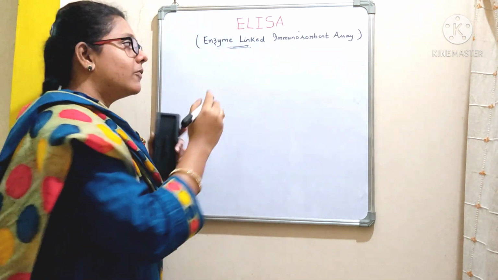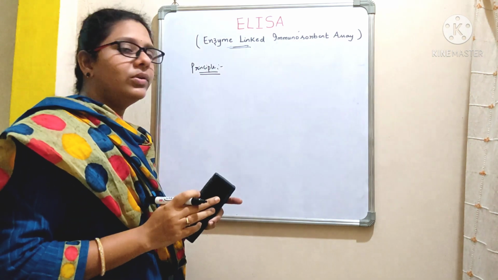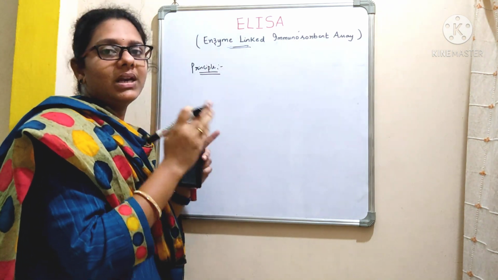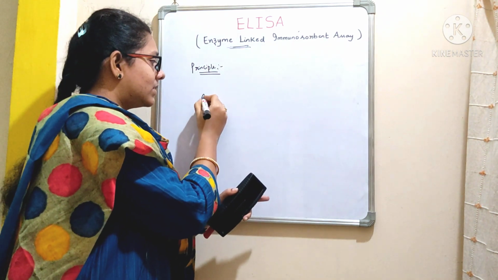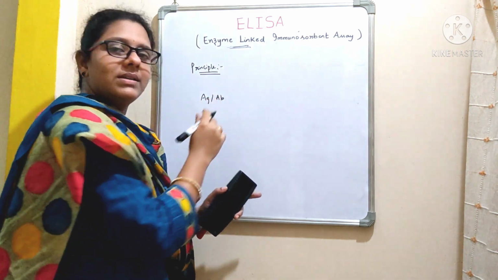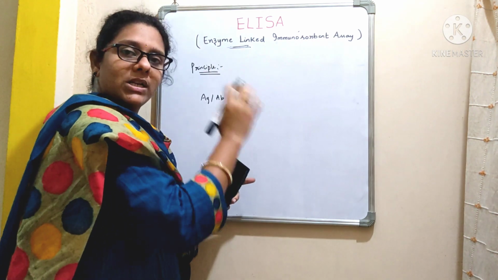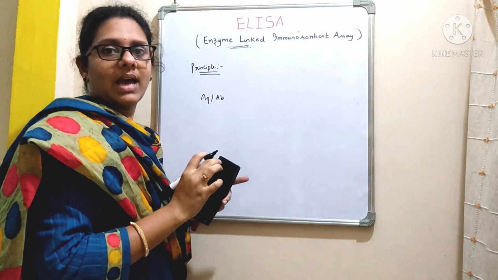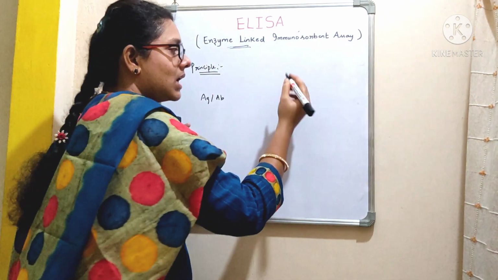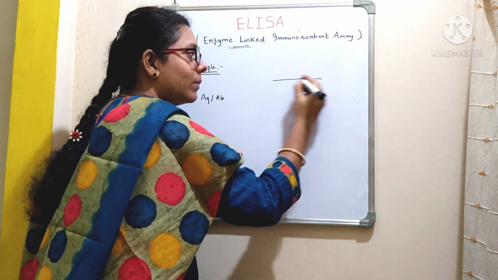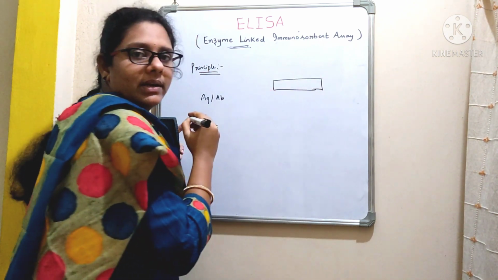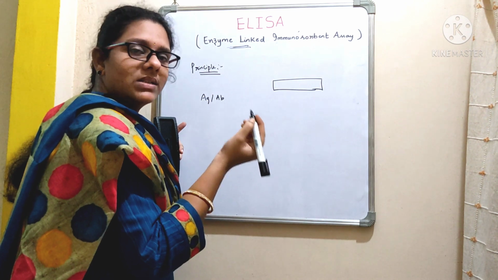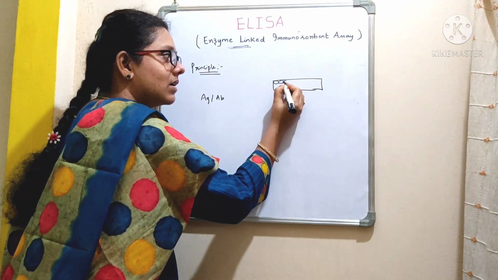Coming to the principle of ELISA, I already told you that using this assay method we can easily detect the presence of either antigen or antibody in a sample, right? So the principle of this ELISA is that first we need to immobilize the antigen. I already told you that this is performed in a microtiter plate containing either 96 wells or 384 wells, right?